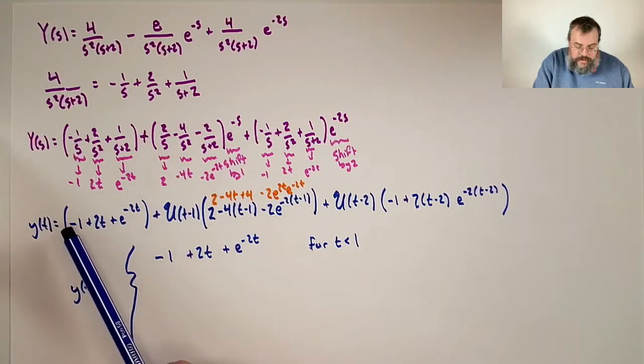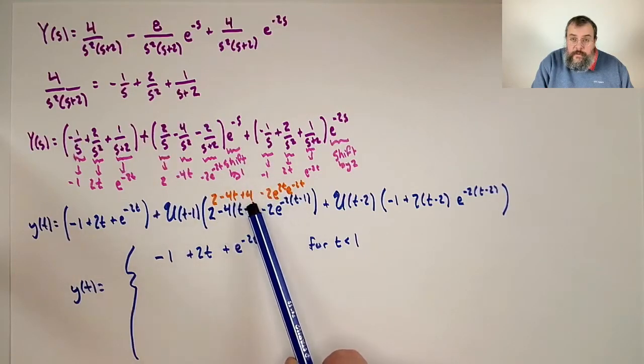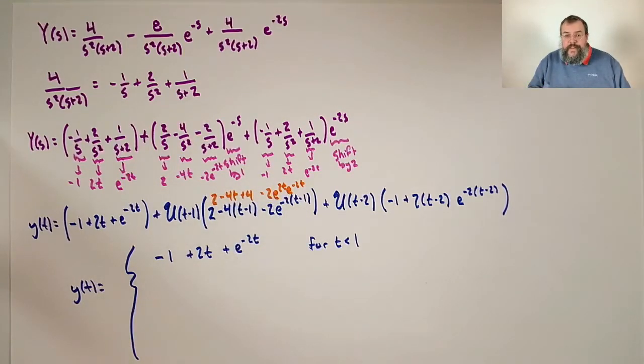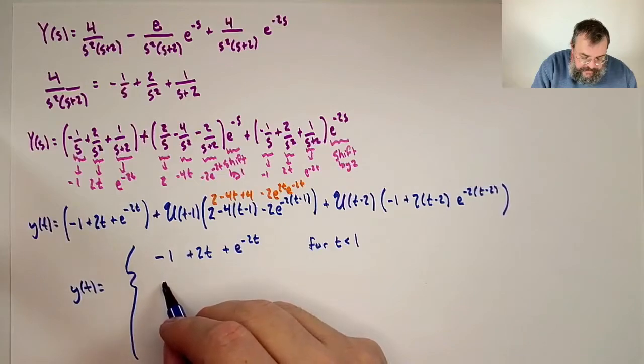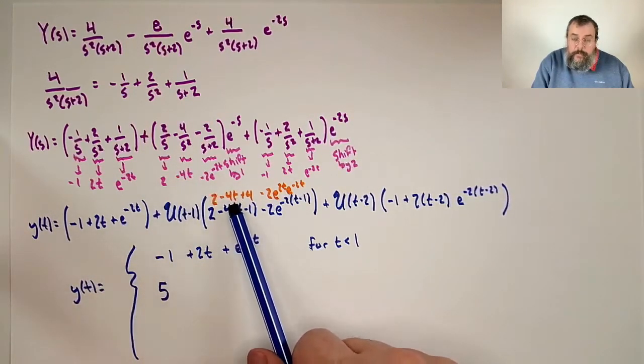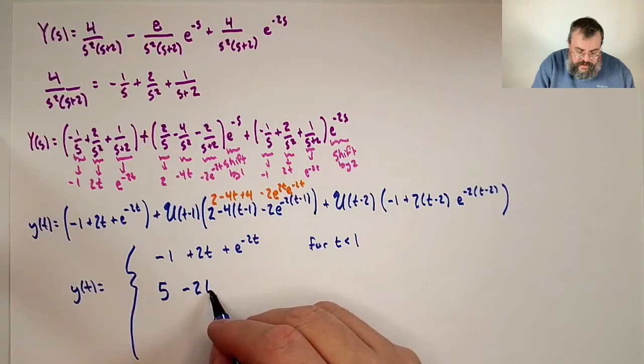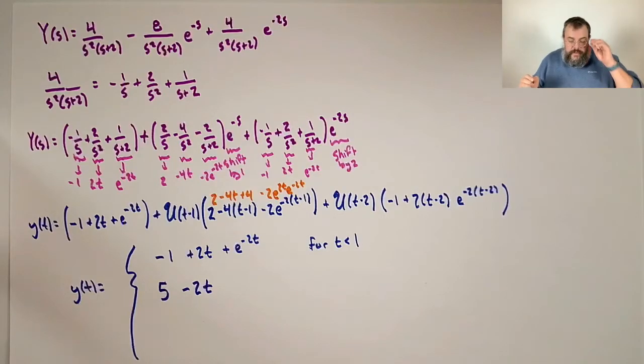So constant, we have minus 1 and 2 and 4. Put those all together, you get 5. Plus 2t minus 4t makes minus 2t.